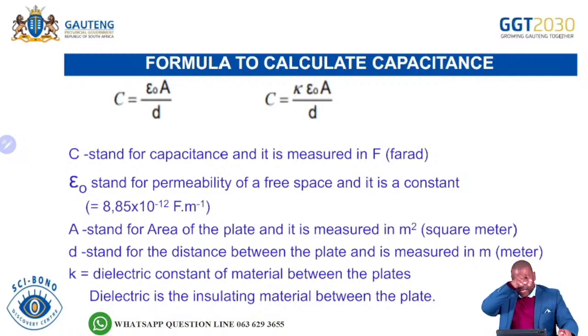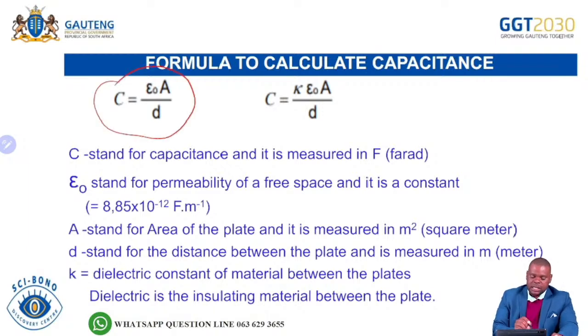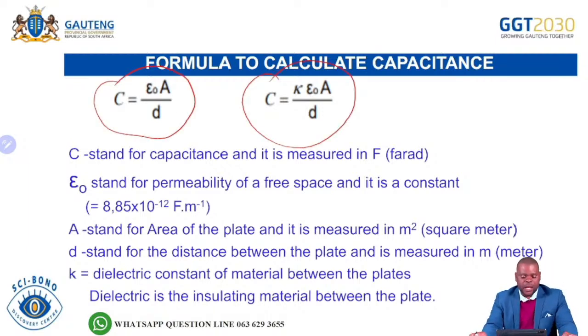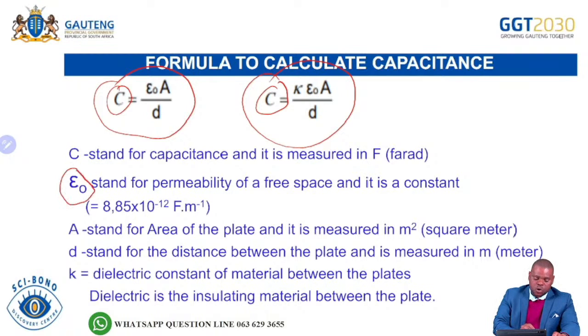Yes. Let's look at what this formula means to us. We'll look at both of them at the same time. This C is the same as this C, grade 12. C stands for capacitance, and it is measured in farad, as we said. And then epsilon subscript O stands for the permeability of free space, and it is a constant.